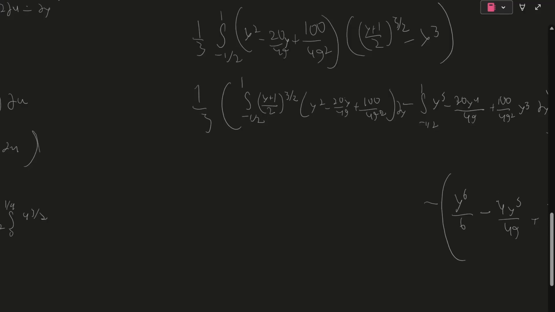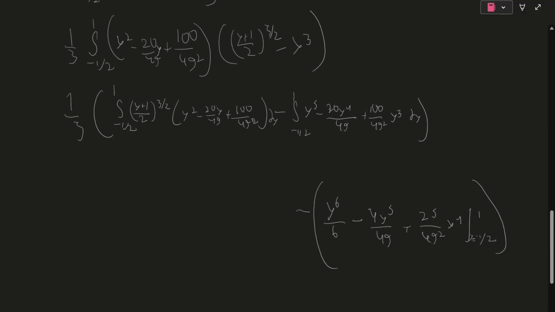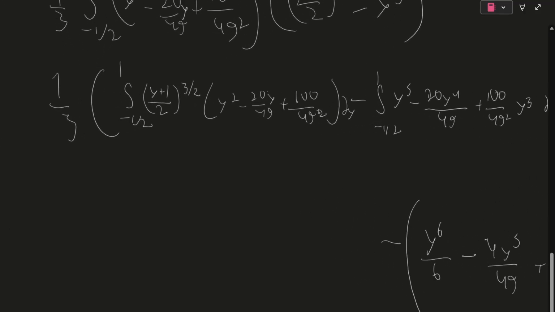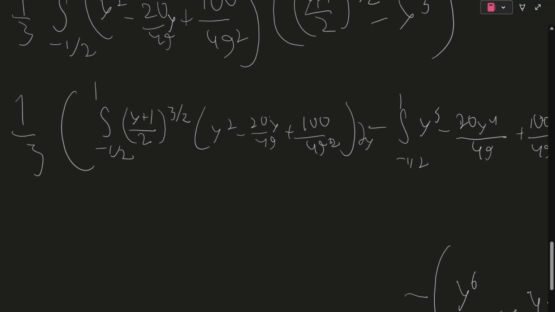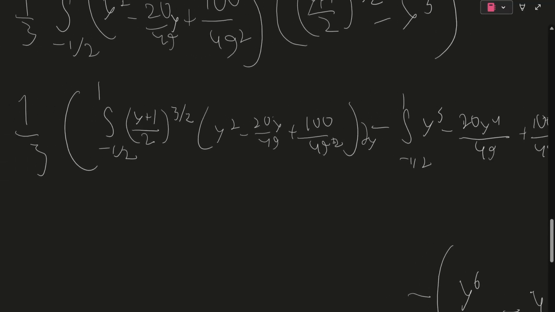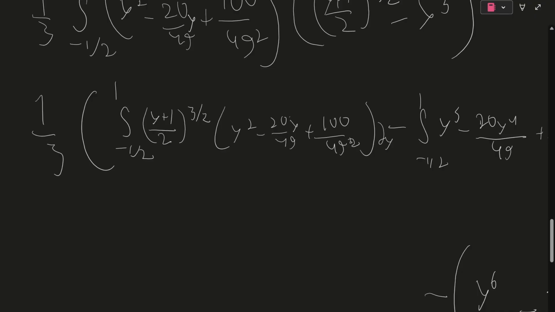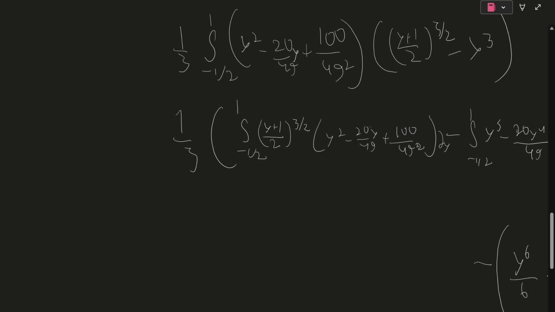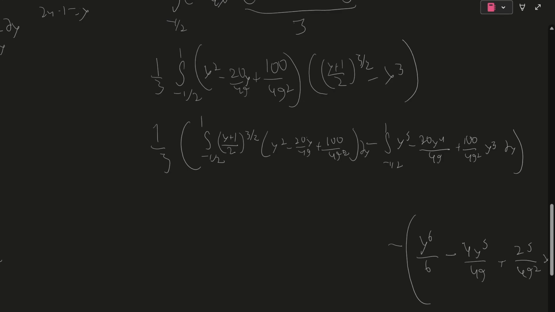If you go look at our integral over here, what we have now, we do have y plus 1 over 2 to the 3/2 times y squared minus 20 over 49 plus 100 over 49 squared dy. So now we know that we can do our u substitution, and we can plug in exactly what we got earlier.